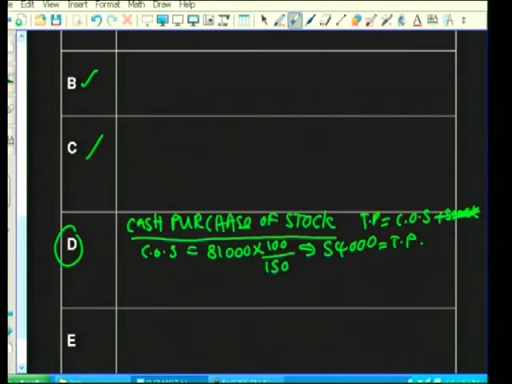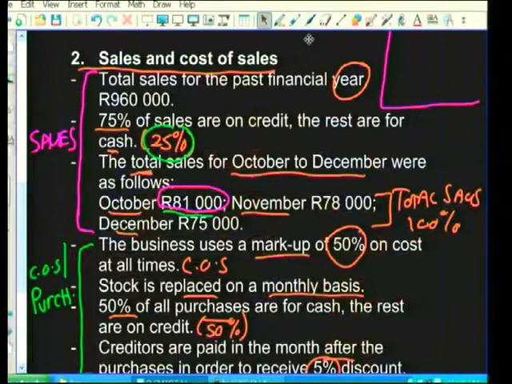But hang on, the question wants me to calculate cash purchases. So once I've got total purchases, it becomes easy now for me to get that cash purchase. So let's go back to the information and double check what was the percentage of the cash purchase. Okay, 50% of all purchases are for cash.